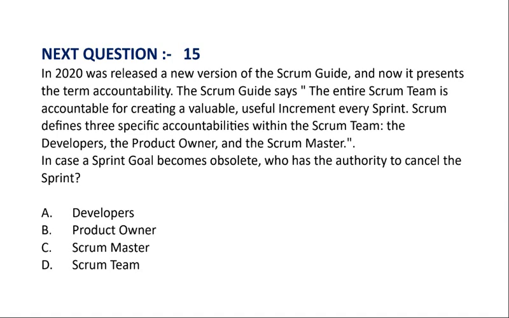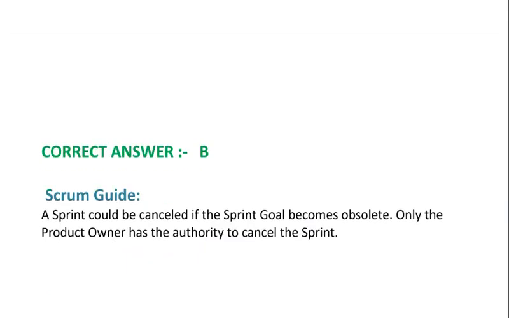In case a sprint goal becomes obsolete, who has the authority to cancel the sprint? Option A developers. Option B product owner. Option C Scrum Master. Option D Scrum team. Correct answer is option B.